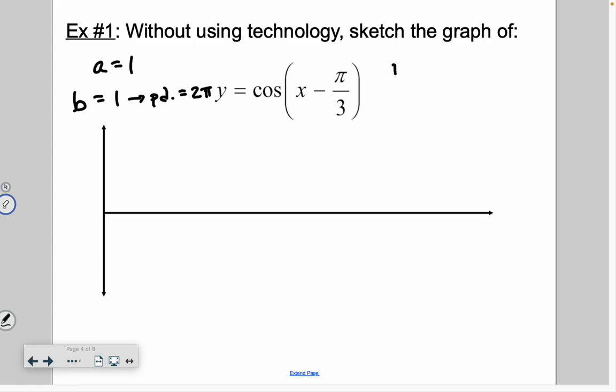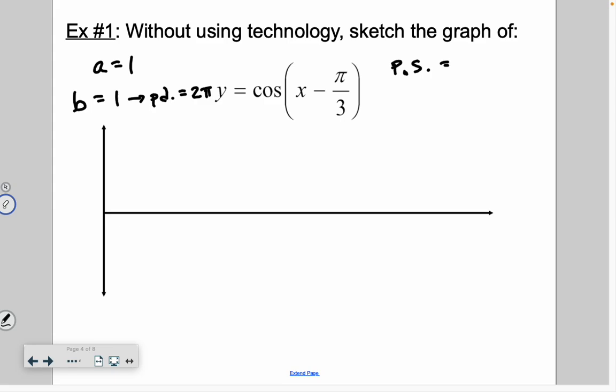Let's go to, I'm going to just abbreviate PS, phase shift. Okay? Or horizontal shift, like I said. On this one, opposite of C over B. Therefore, what's my phase shift? Or, like I said, take what's in parentheses and just solve for x. That'll tell you the phase shift, which means it's pi over 3.